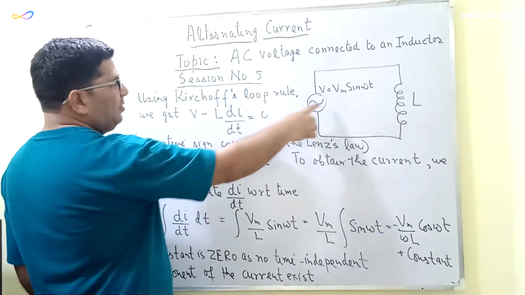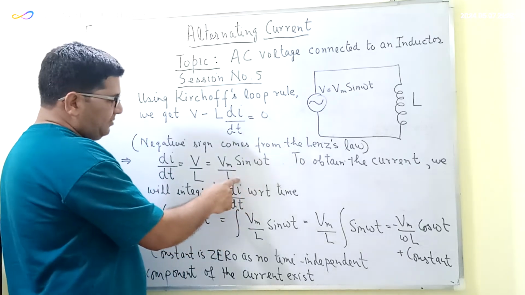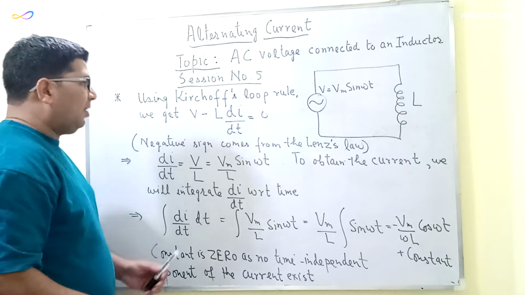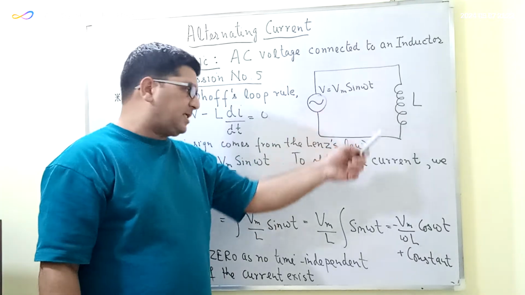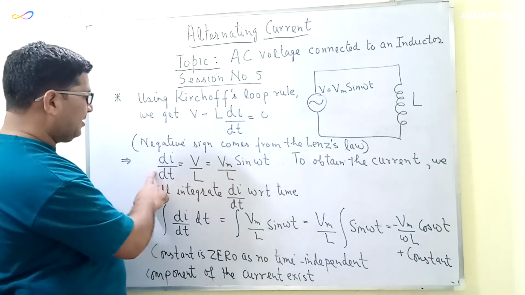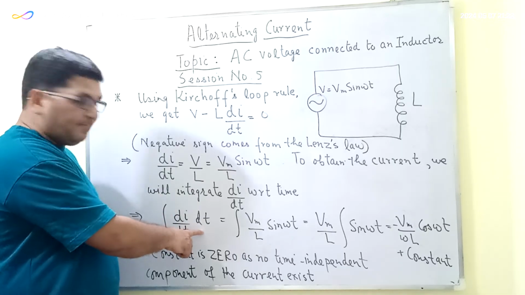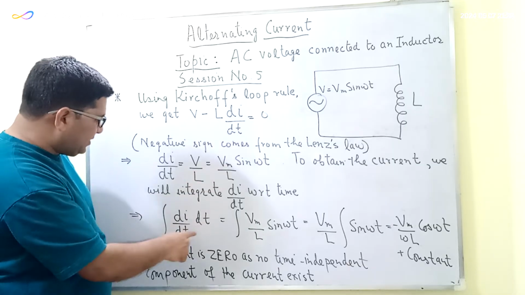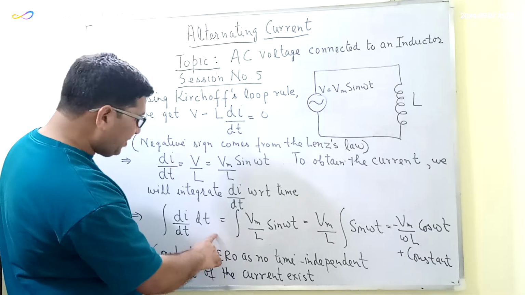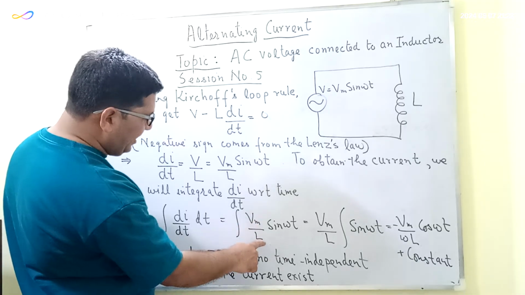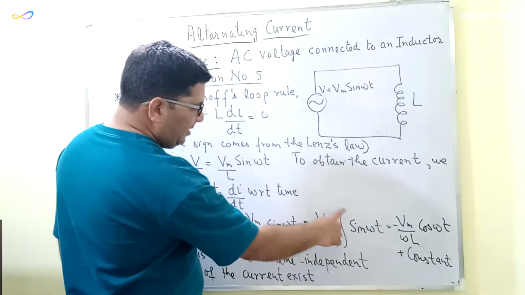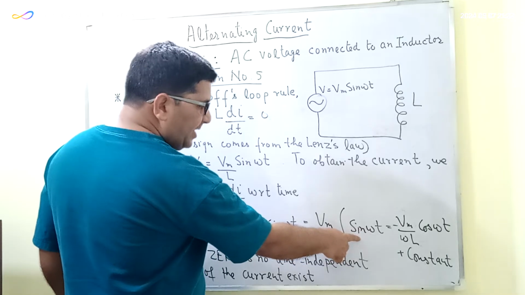Now V is equal to Vm sin ωt, divided by L. In order to find the current in this circuit, I will integrate this equation with respect to time. So I will be equal to the integration of Vm sin ωt upon L. Vm upon L is a constant, so I have taken it outside, and I only have to integrate sin ωt.